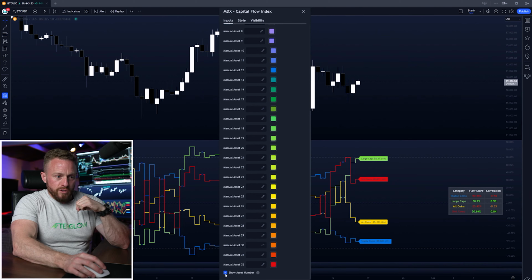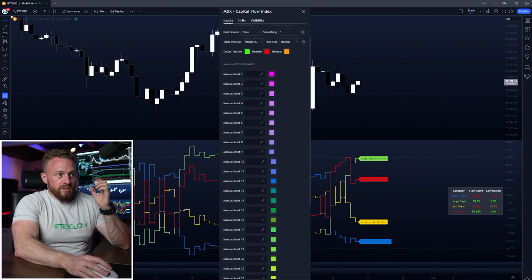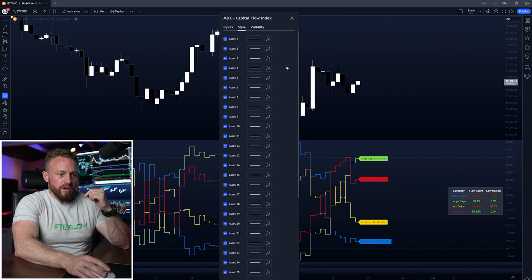It's already checked, show asset number, and that corresponds to these small numbers in brackets. So that will show you which asset in the style tab you may want to turn on or off. So for example, for asset 12, which corresponds to stablecoins, if you tick that, you can remove it.